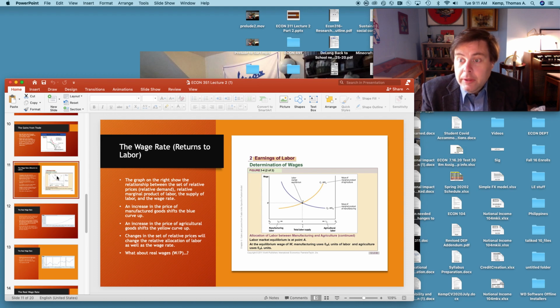All right, now this allows us to show some things. So you think, why do this so complicated? Okay, well, there's a good reason. Because we want to show how, with just two things, in this case ag and manufacturing, all labor is utilized in one or the other. So therefore, if we reduce one, we increase the other, and so on.